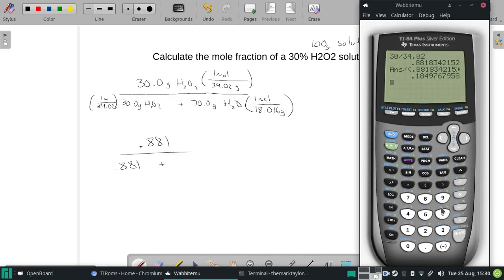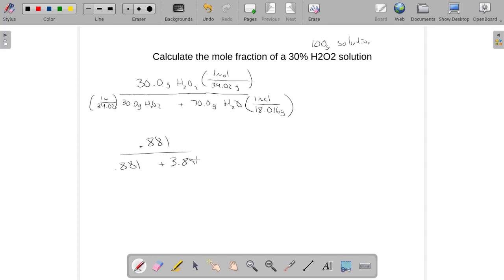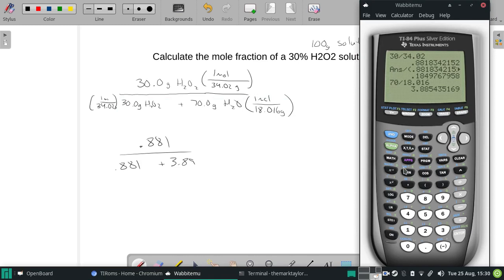Let's just figure out what 70 divided by 18.016 is. And that's 3.8689. And what I could have done is use those values. It might round a little bit differently because I've only taken 3 significant figures there, but it's going to be darn close.